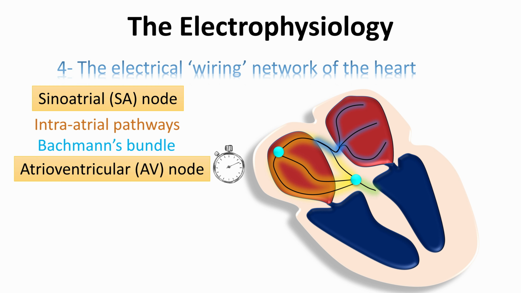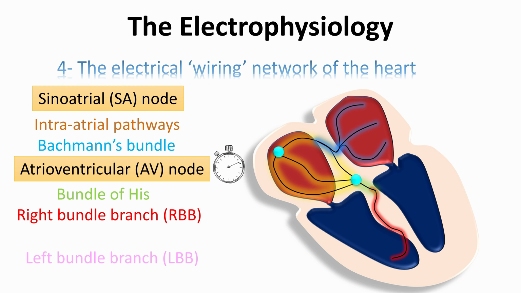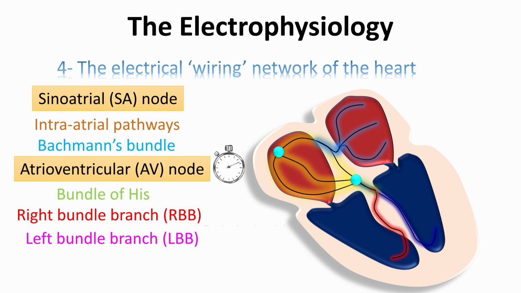After the AV nodal delay, the impulse travels to the ventricles through a specialized conduction system called the bundle of His. The His bundle primarily divides into two bundle branches, a right bundle branch that traverses the right ventricle and a left bundle branch that traverses the left ventricle.